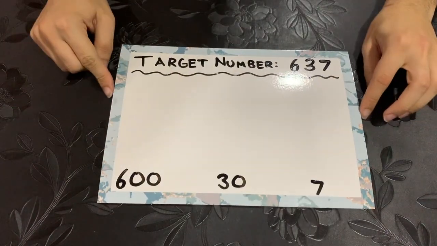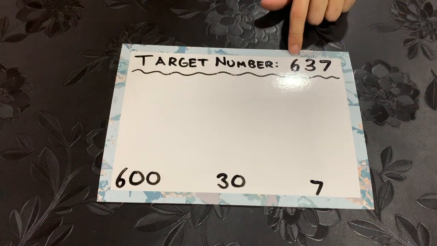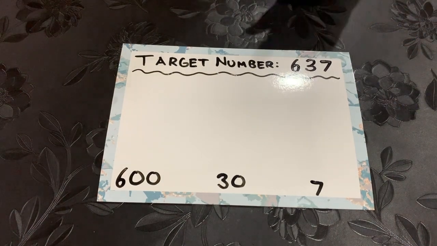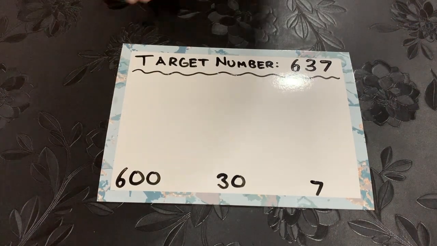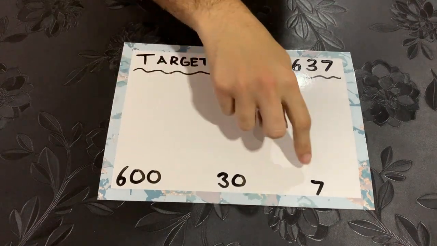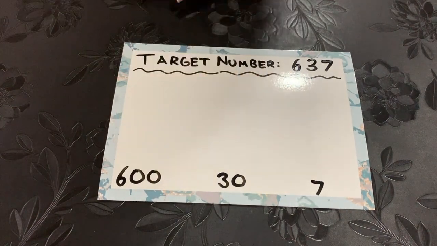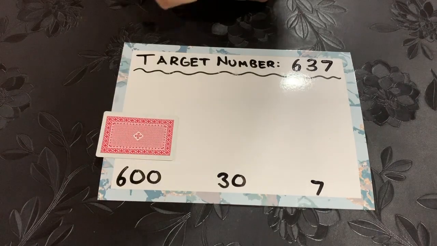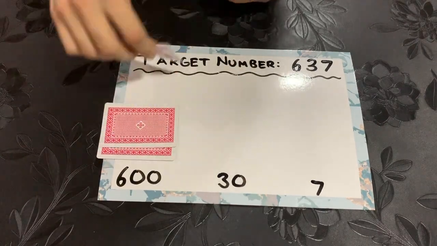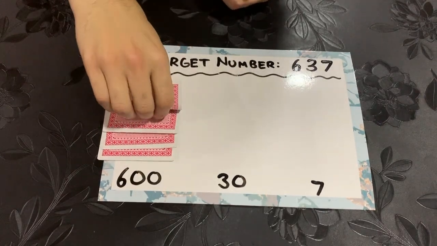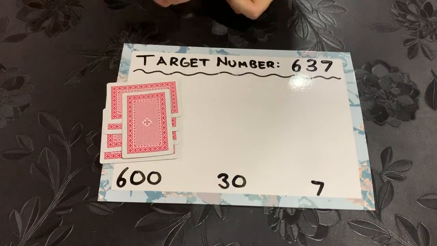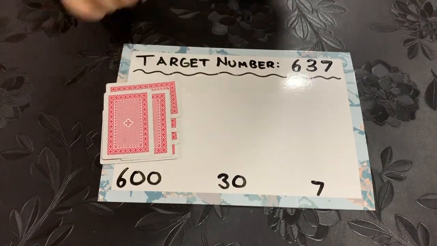Okay, my last example for my partitioning is 637. Just like the other numbers, I'm going to do my hundreds, tens, and my ones separately first. So I've got 600s, 1, 2, 3, 4, 5, 600.